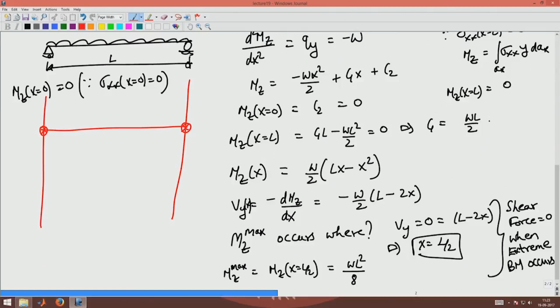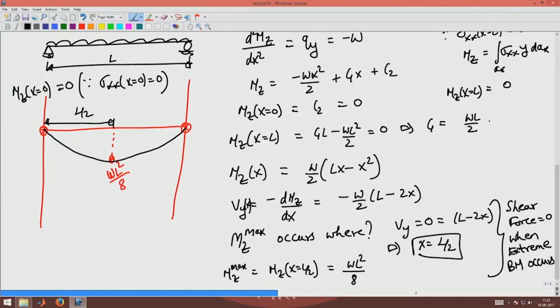So at L by 2 you have WL square by 8. Now it is a parabolic equation, not a linear equation, so I join this like this. It becomes a parabolic curve like that.